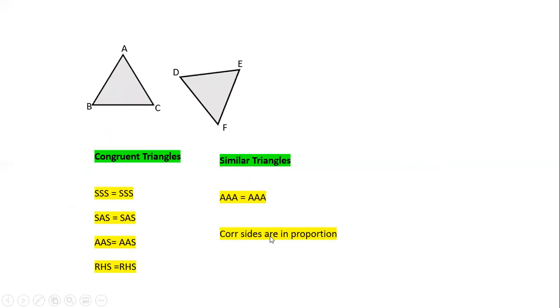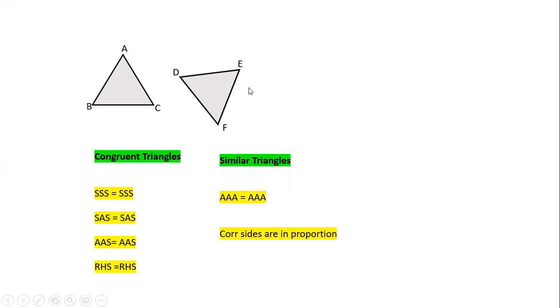We should remember that. And then congruent triangles, similar triangles. Congruent: these two triangles are said to be congruent if side, side, side is equal to side, side, side, if they share the same length. Side, angle, side, that is two sides and the angle between the sides.